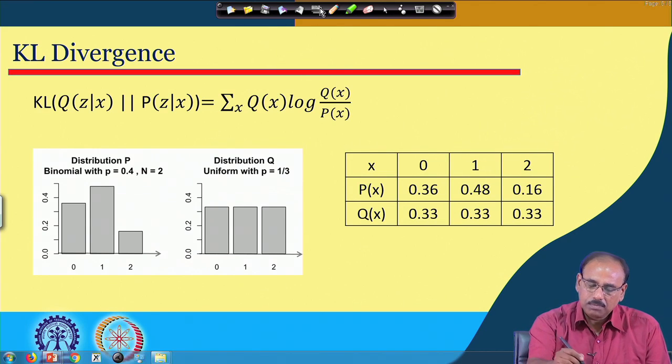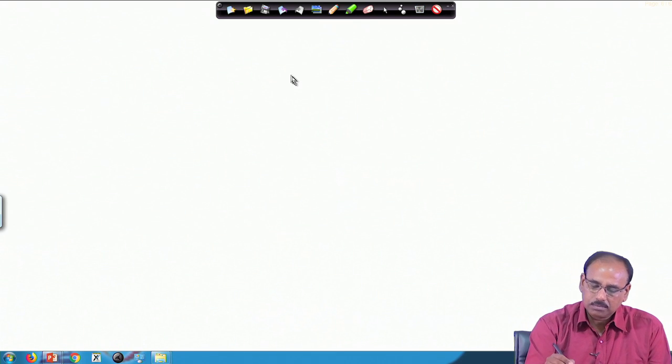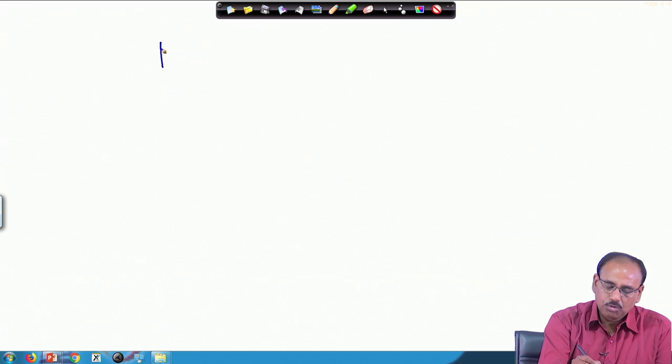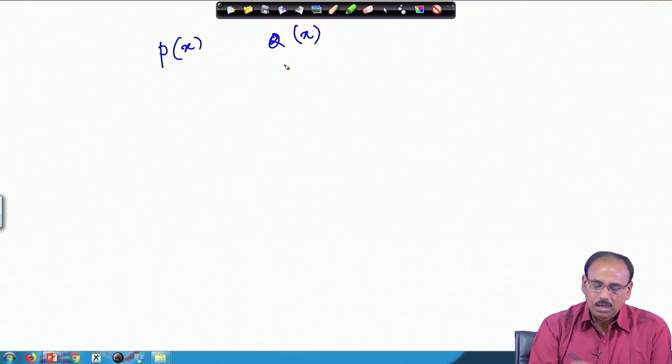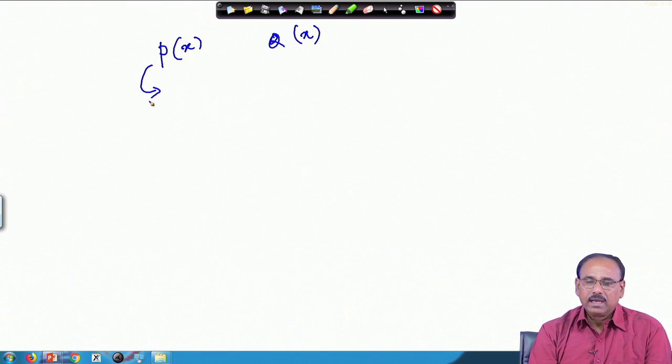Suppose we have two probabilities, one is p of x, the other one is q of x. When the probability distribution is p of x, I can compute the information content.